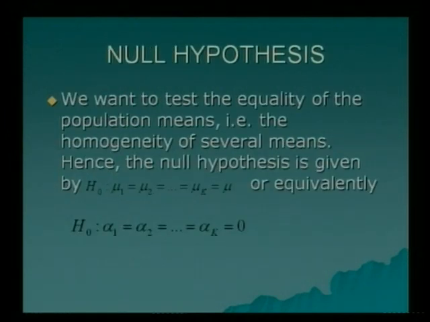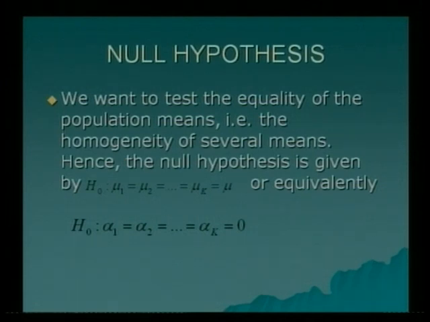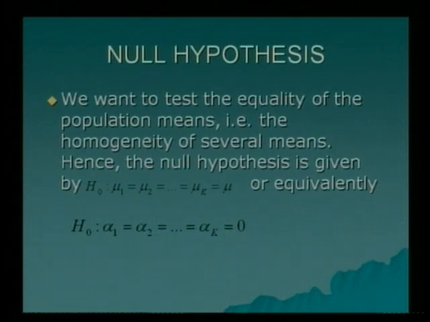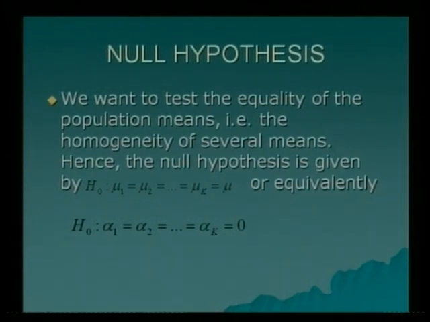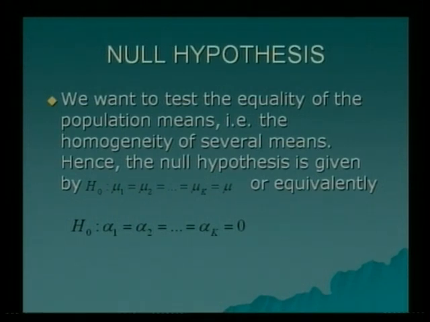Now the hypothesis that is to be tested. Suppose we want to test the hypothesis of the equality of the population means, that is the homogeneity of several means. Hence, the null hypothesis is given by H naught: mu 1 equals mu 2 and so on, mu k equals mu, or equivalently it can be written as alpha 1 equals alpha 2 and so on, alpha k equals 0.